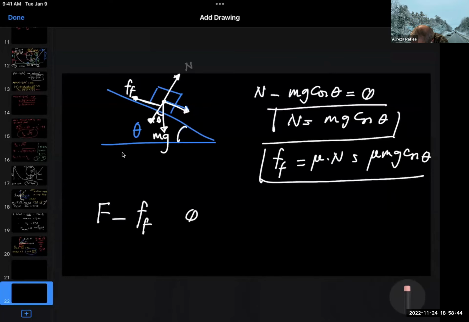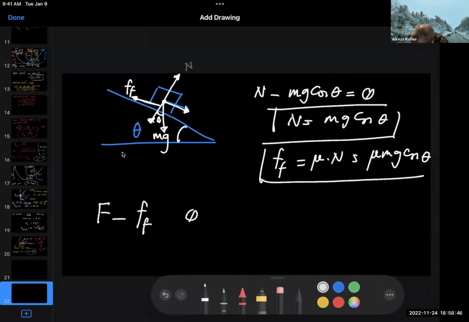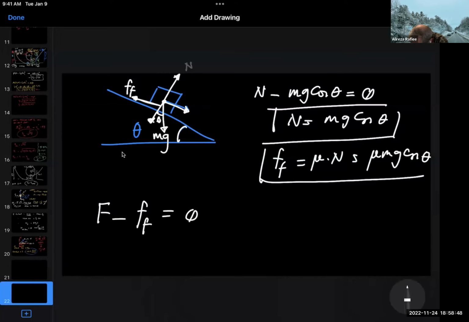When it's exactly equal, it's enough to start sliding. The reason is that static friction is larger than kinetic friction. So if it's equal to static friction, it starts moving, but then suddenly the kinetic friction is a little less, and so it's accelerating downward.